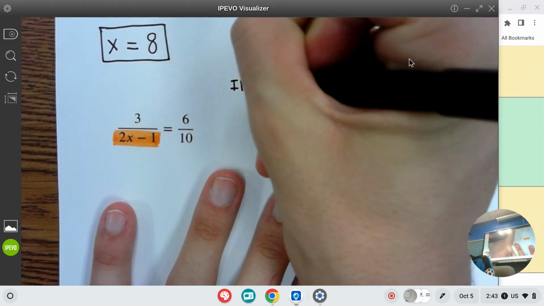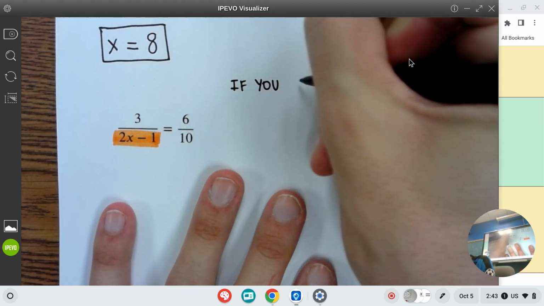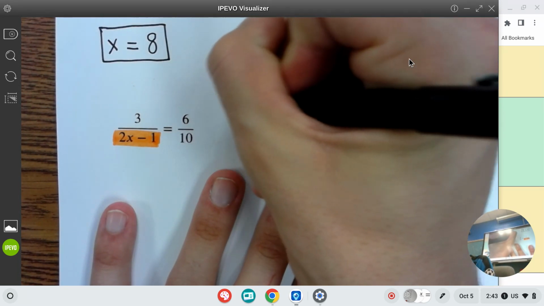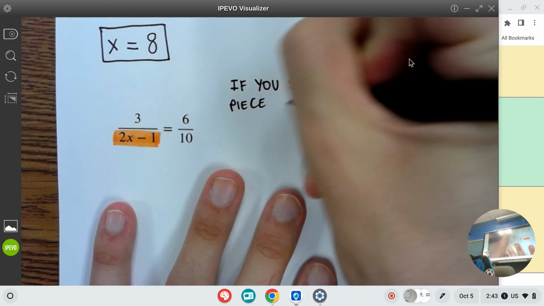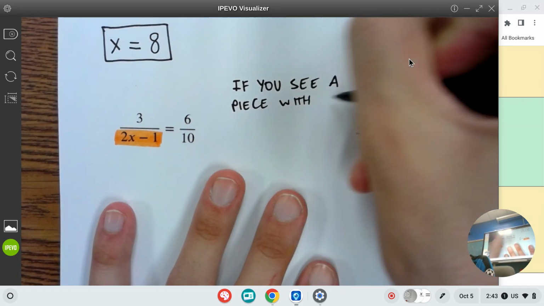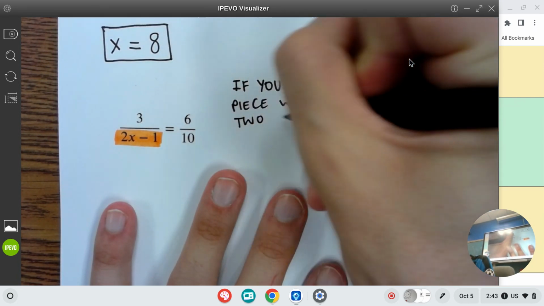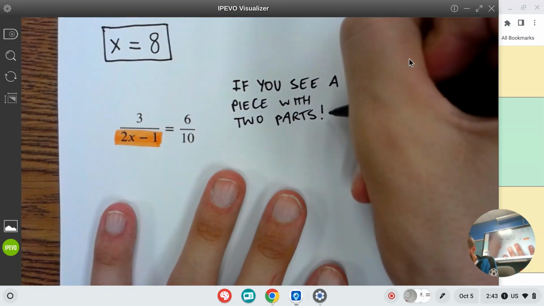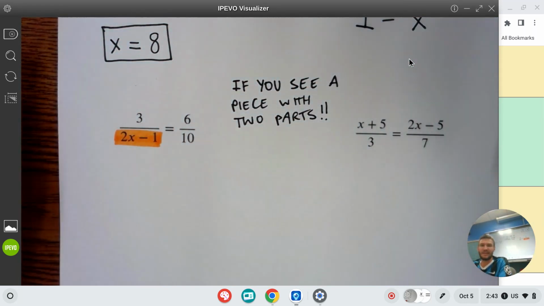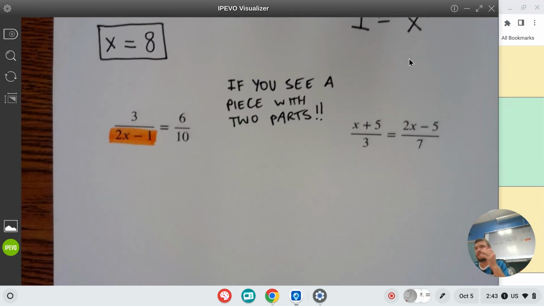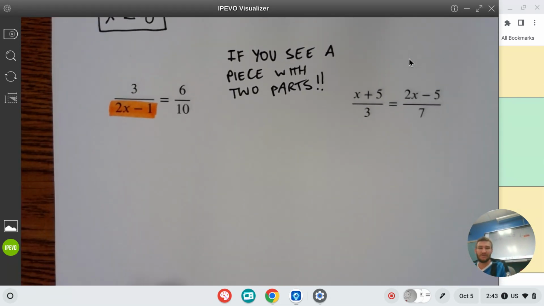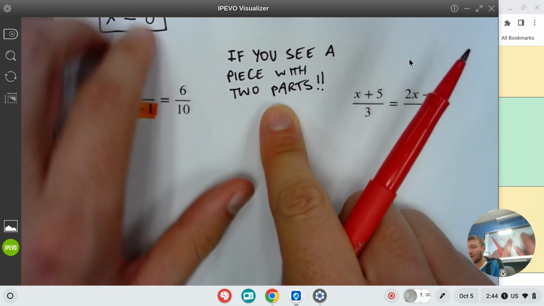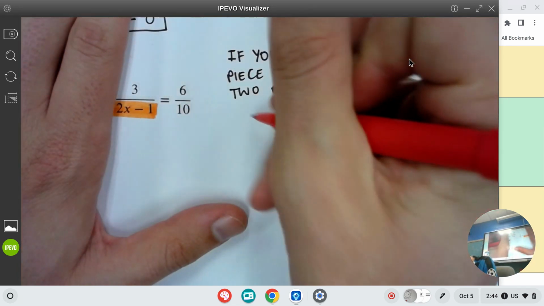If you see a piece with 2 parts, that's a big deal. If you see a piece with 2 parts, pay attention to it. What are we going to do?